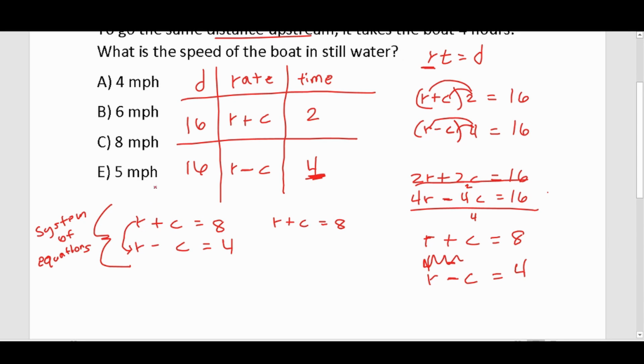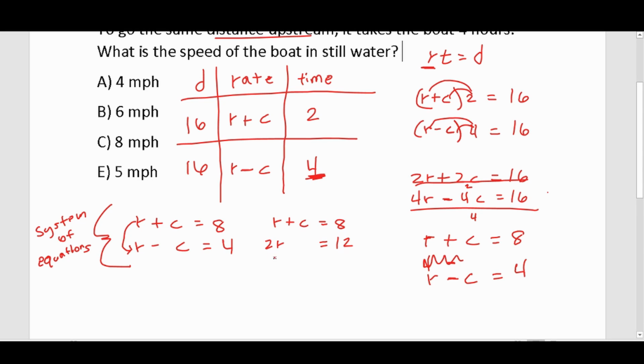So that's going to give me R plus R, which is 2R. C minus C is 0. And 8 plus 4 is going to be 12. So as you can see, by adding the top equation to the second equation, I got rid of the variable current.